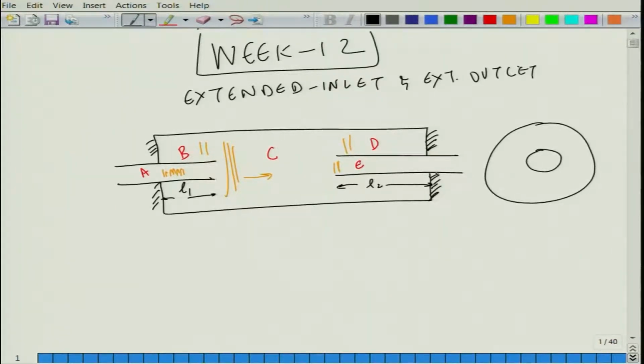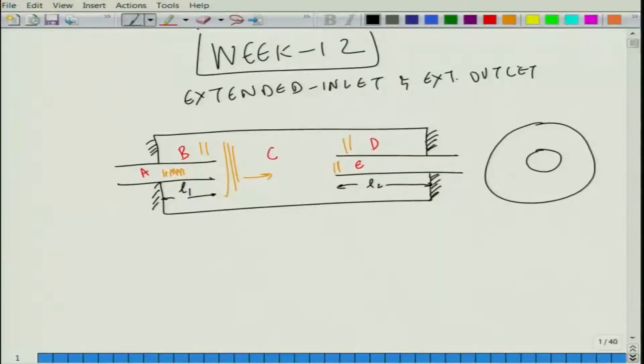So we were considering the physical lengths L1 and L2, and to these physical lengths we were adding something called an end correction. The actual, or acoustic, or effective length is slightly larger than the geometric length: the acoustic length is L1 plus delta, and fortunately the end correction delta is the same even at the outlet.